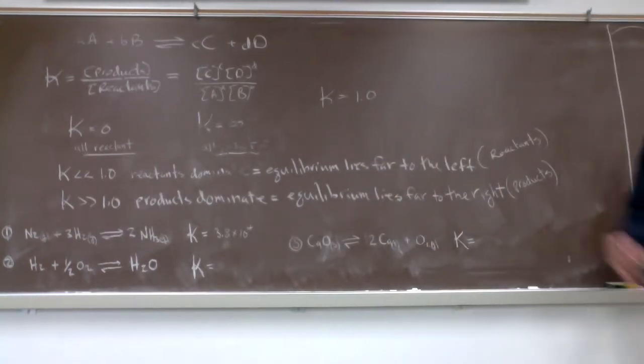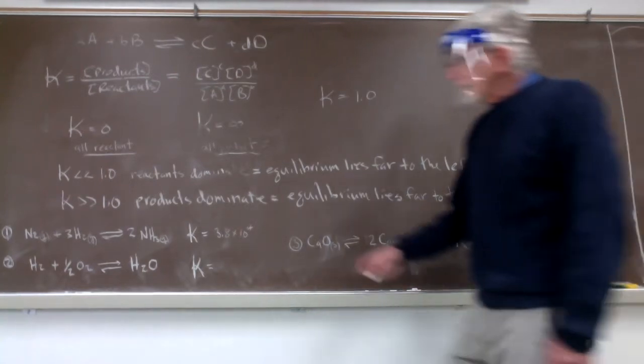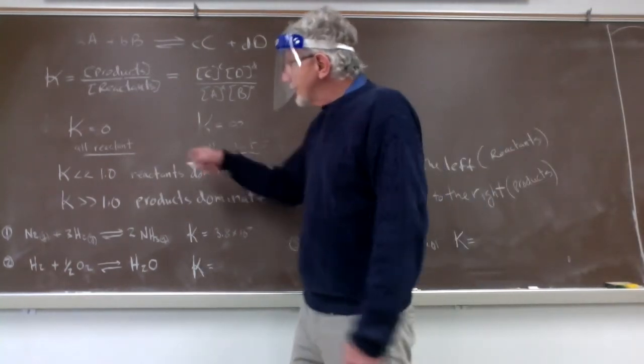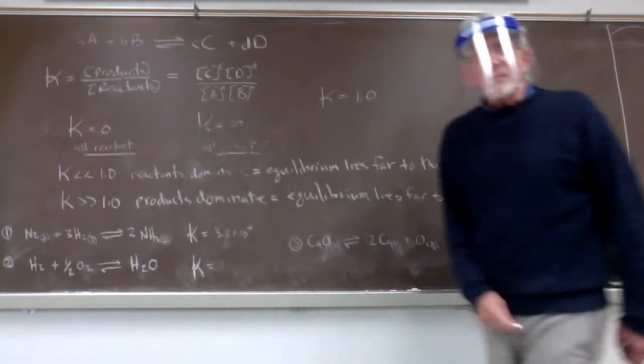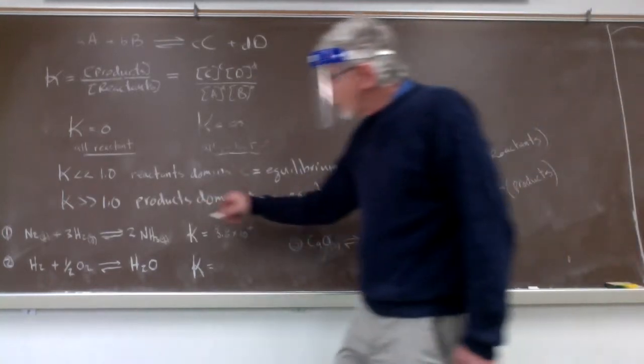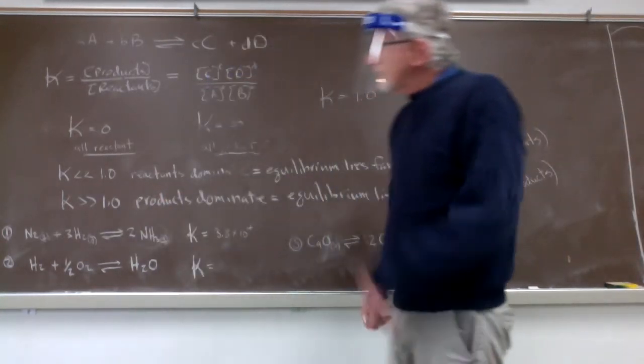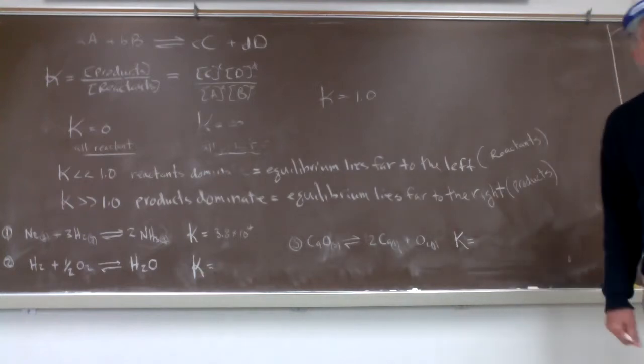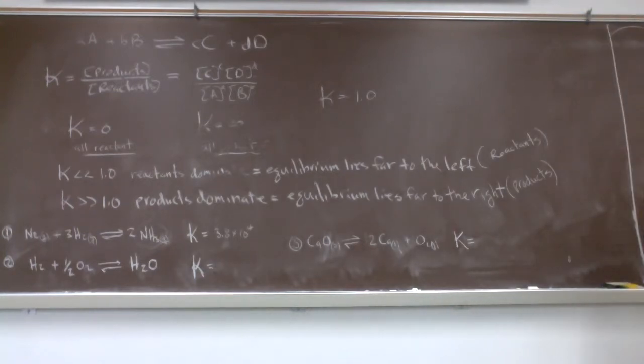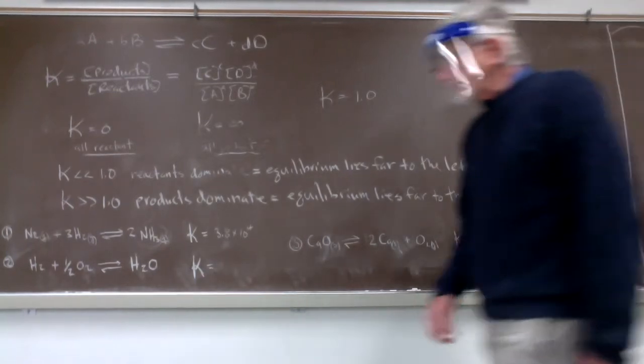What are we going to have more of in that system? Product or reactant? Product. Right? That's a big number. That's much greater than 1. Products will dominate. We're going to have a lot of ammonia and just a little bit of hydrogen and nitrogen at equilibrium.